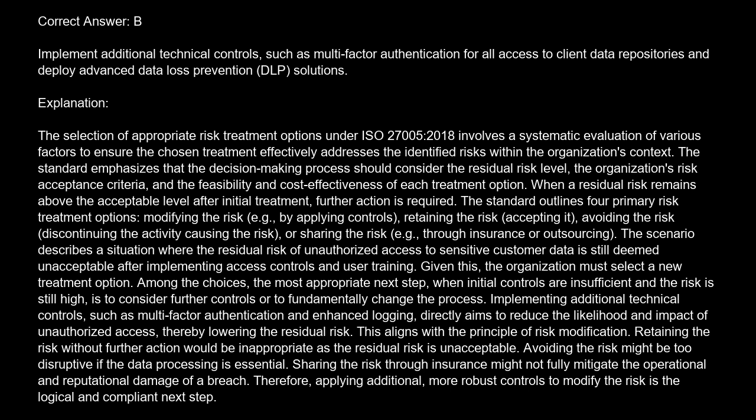This aligns with the principle of risk modification. Retaining the risk without further action would be inappropriate as the residual risk is unacceptable. Avoiding the risk might be too disruptive if the data processing is essential. Sharing the risk through insurance might not fully mitigate the operational and reputational damage of a breach. Therefore, applying additional, more robust controls to modify the risk is the logical and compliant next step.